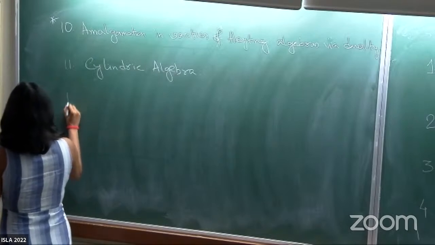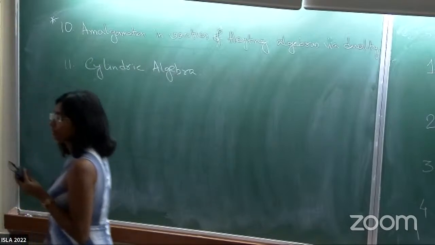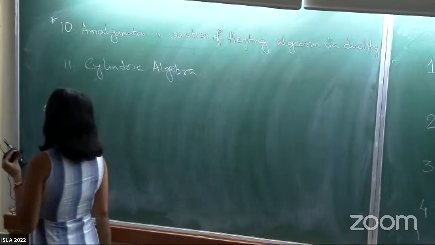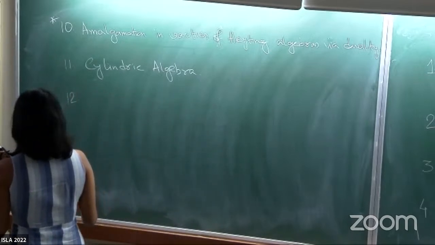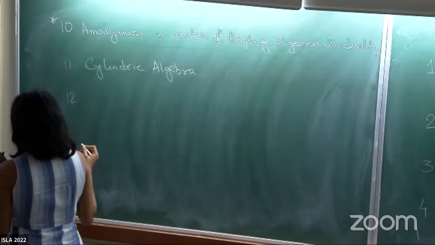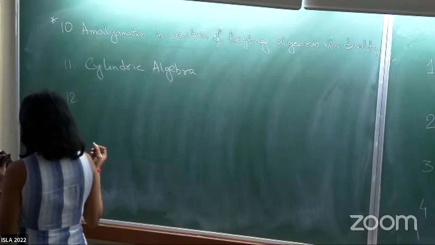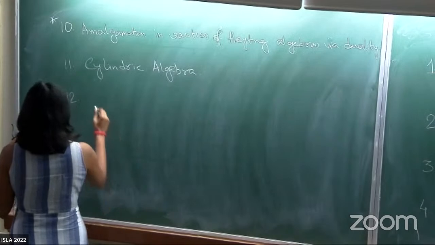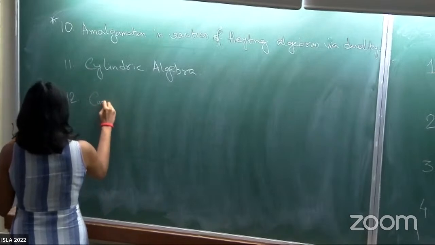I was just wondering that there are some computer science students here. For them, I would suggest, of course you can do all these mathematical topics, but if you are also interested in studying some computational aspects, you can very well go into the computational aspects of these kinds of algebraic structures.